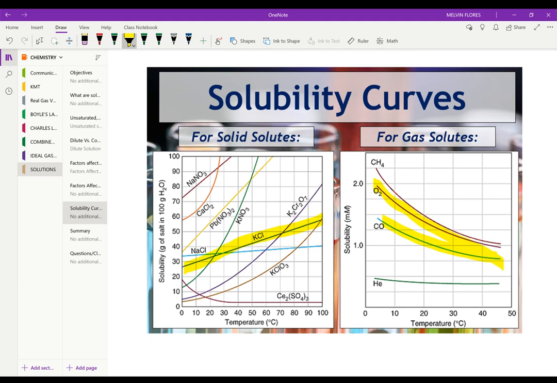The same thing with carbon monoxide. Decreasing the temperature will increase the solubility. And the same thing with CH4. Once you decrease the temperature, the solubility increases.